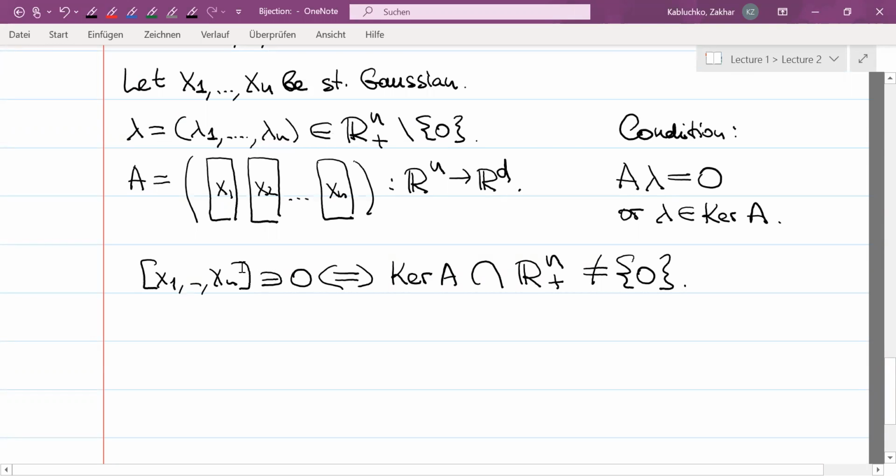Right, so now we translated the event we're interested in into some event in the n-dimensional space. We have here the positive orthant in the n-dimensional space, and here some linear subspace.